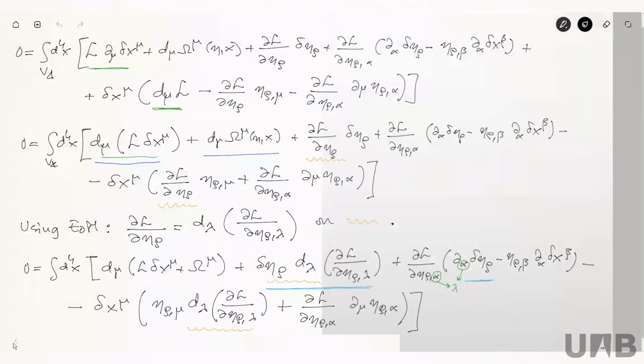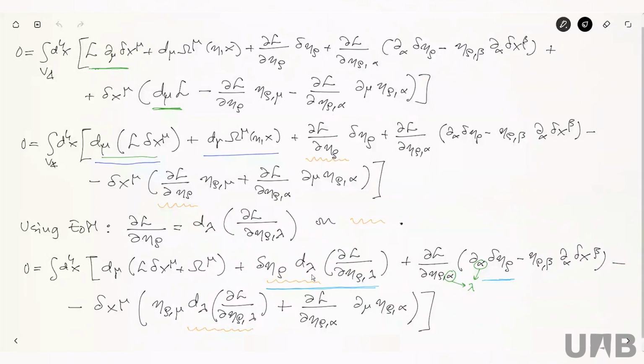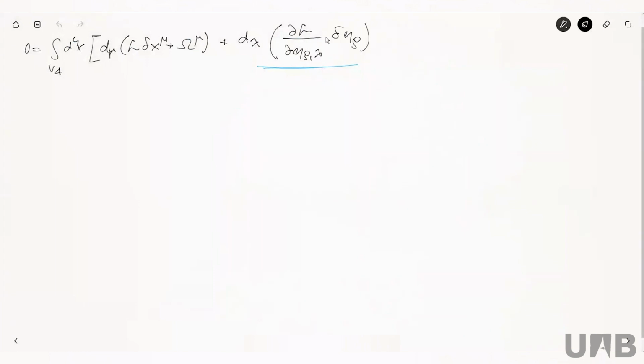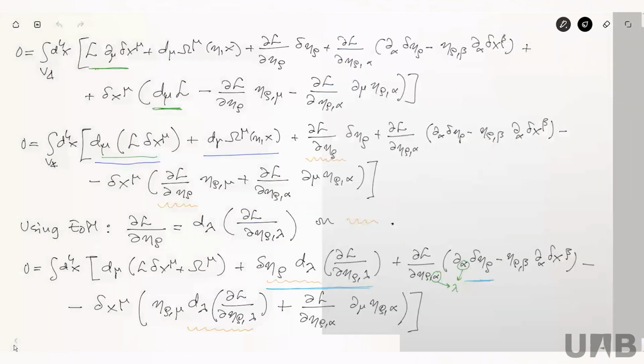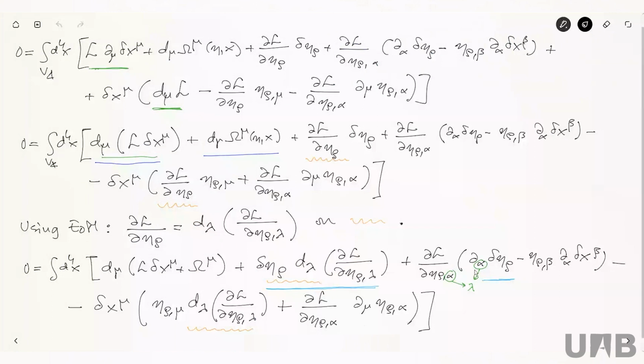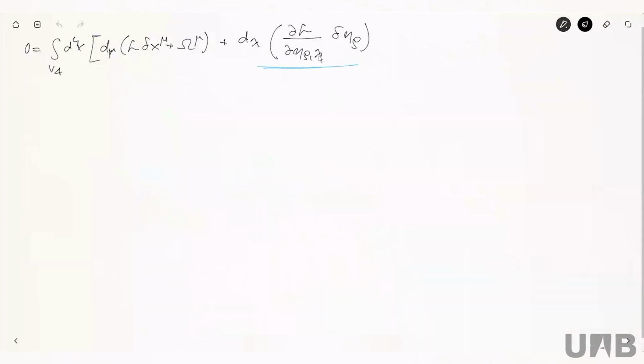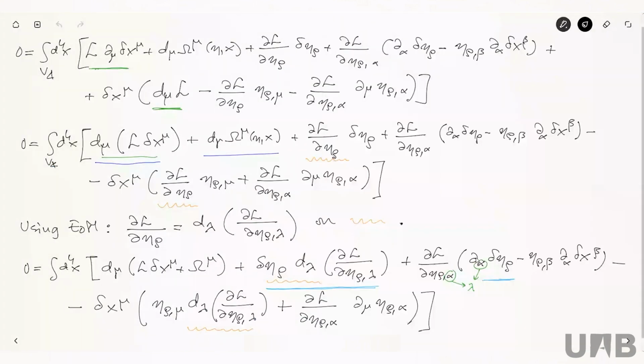This is going to be the derivative of the Lagrangian times the variation of the field, and then there is another one, which is the derivative of the Lagrangian times the derivative of the variation of the field. The derivative of the variation of the field, with the index lambda contracted, is the same as this partial derivative, because the field depends on x only.